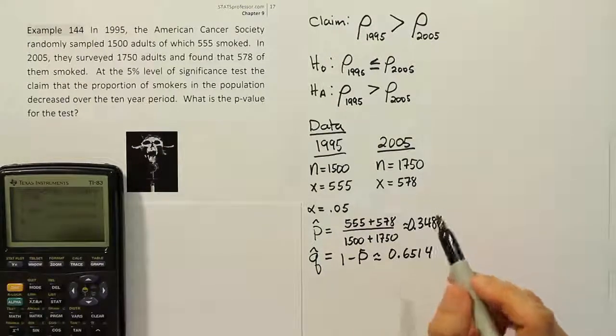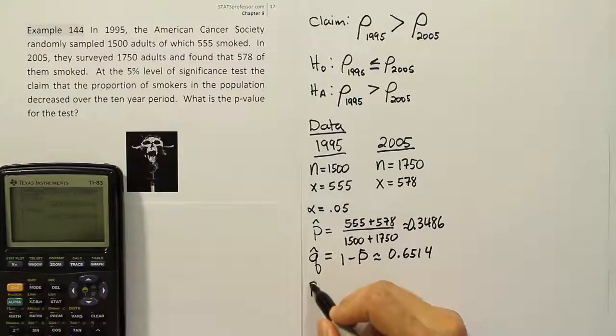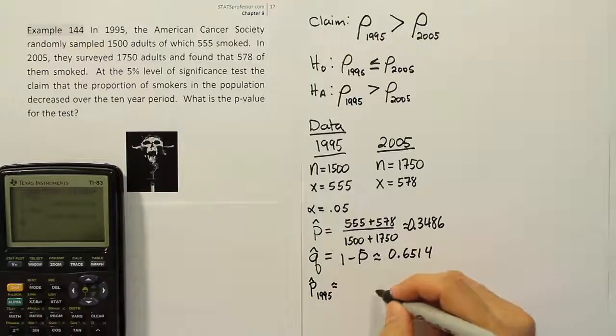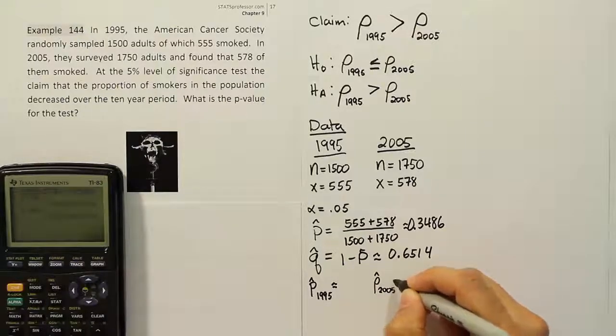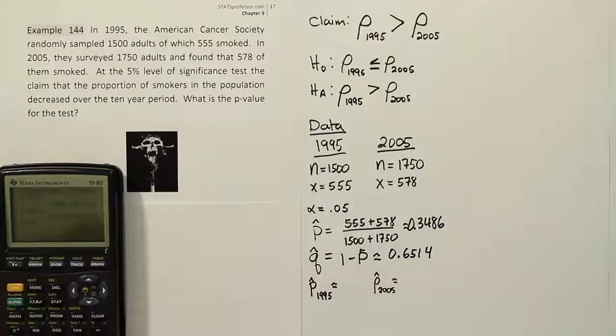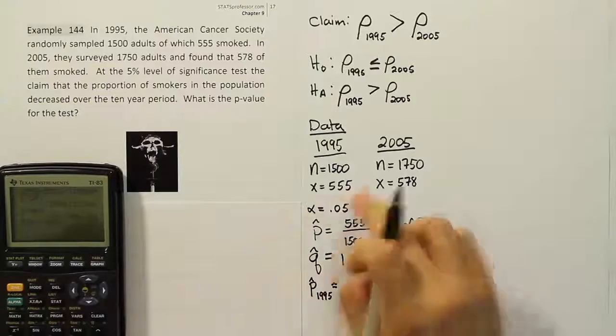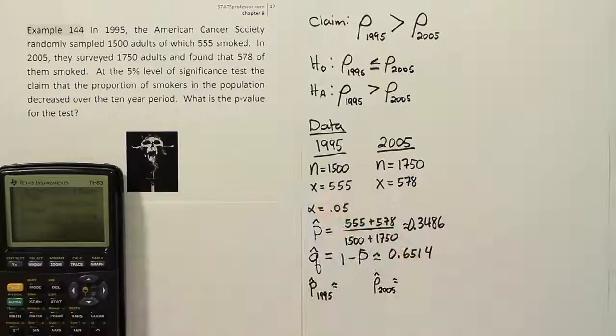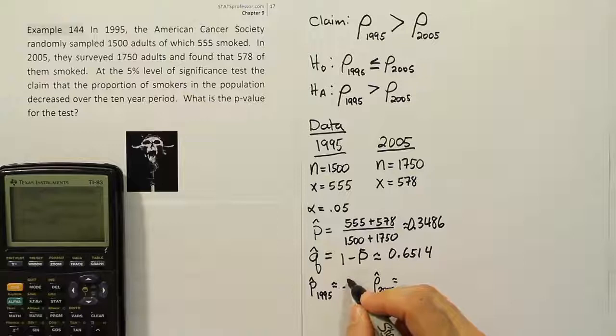Now, we're going to need an extra pair of p-hats here. We need the p-hat for 1995, the sample proportion for 95, and we'll need the sample proportion for 2005. For 1995, it's just a matter of doing 555 divided by 1,500. So x divided by n gives you your p-hat, and that's 0.37.